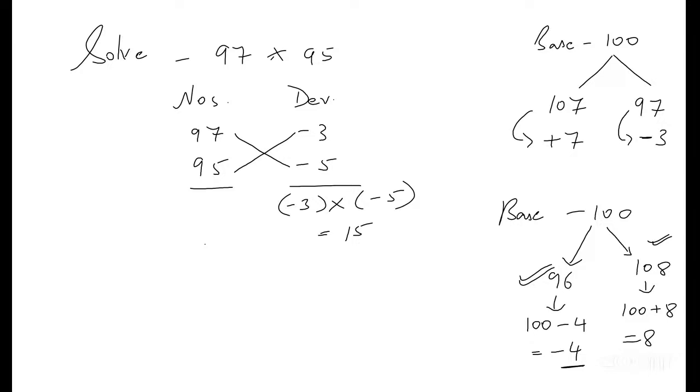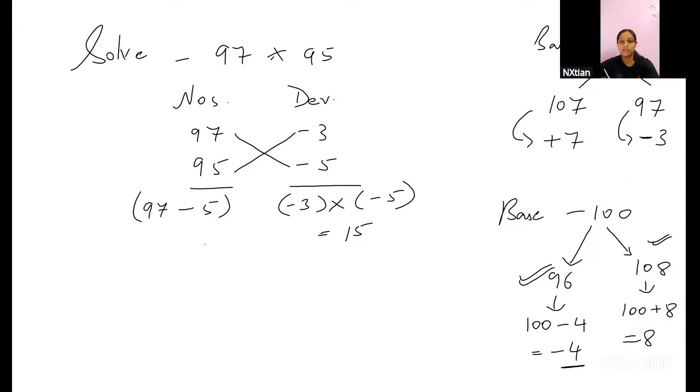So 97 minus 5, because my deviations are negative, they have a minus sign. From 97 we subtract 5, and from 95 we subtract 3.